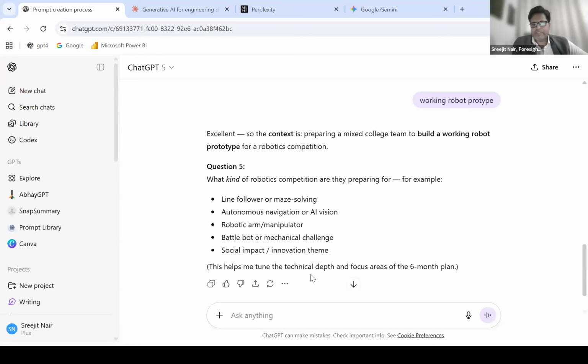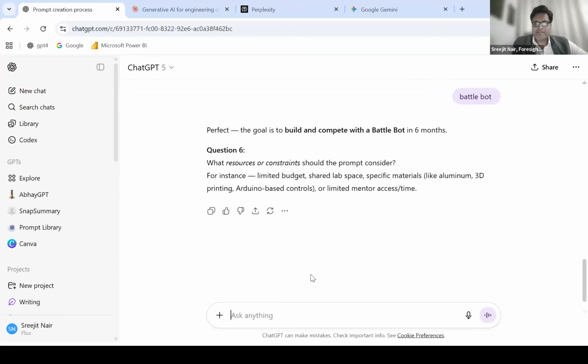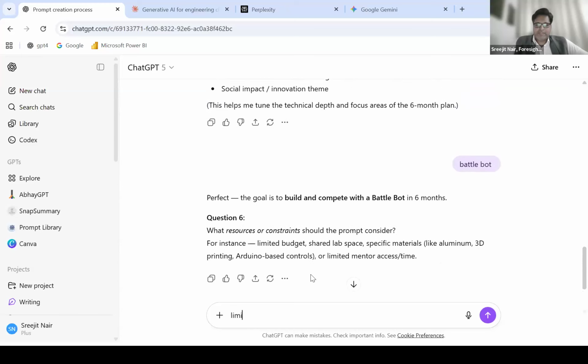What kind of robotics competition are we preparing for? So it can be BattleBot, one of the favorites among students. It can be limited budget.